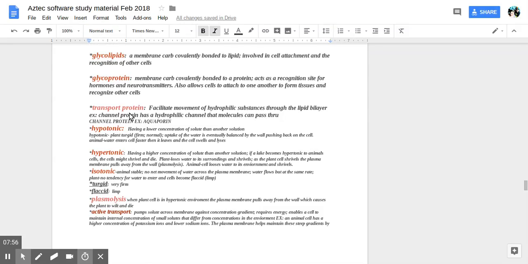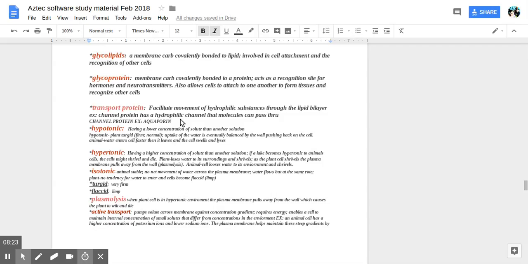Go ahead. What's the transport protein? This transport protein is to facilitate movement of hydrophilic substances through the lipid bilayer.